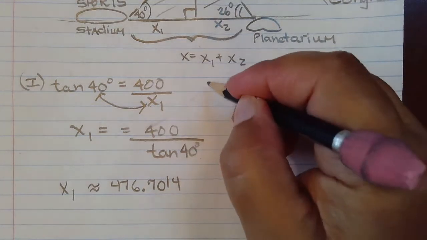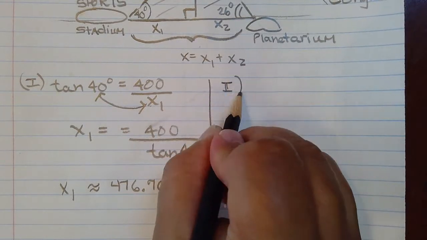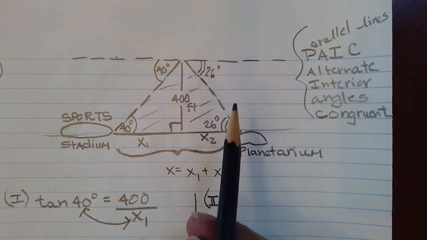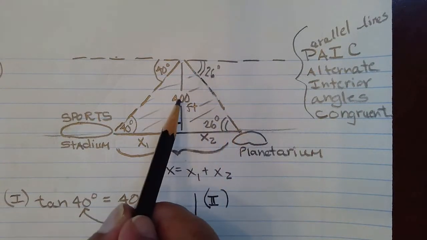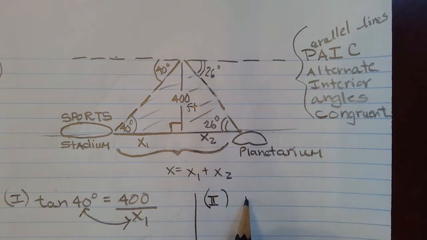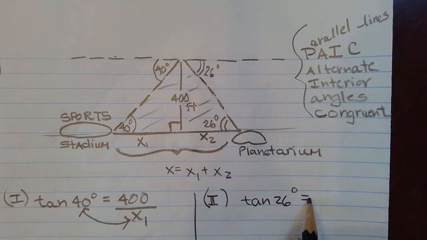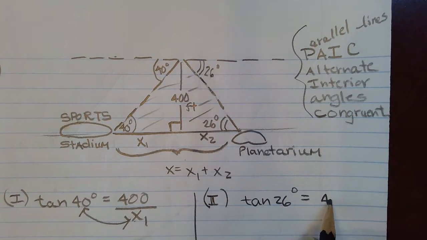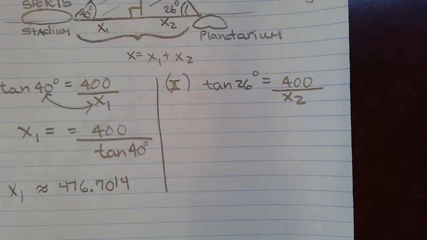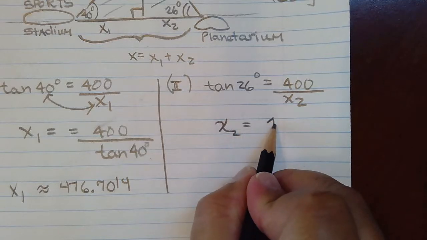Part 2. I'm going to go into the other triangle and do the same thing. Tan of 26 is equal to 400 over x sub 2. In other words, opposite over adjacent. So tan of 26, don't forget to switch the x sub 2 with the tan of 26.